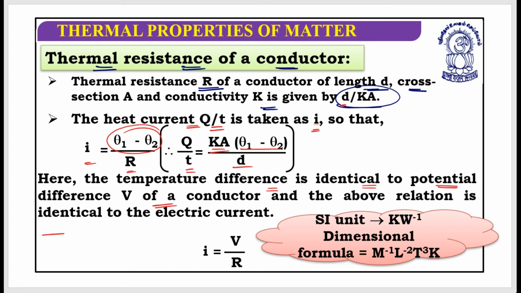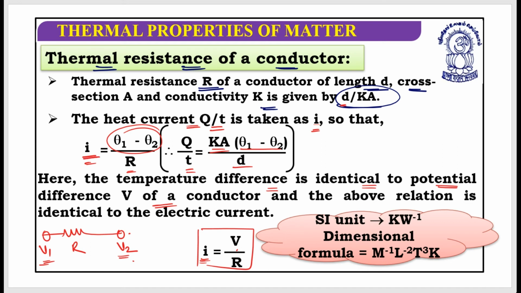Yes, you have learned in 10th class that this was V1, this was V2, resistance R is there, and the current is flowing such that I is equal to V by R. So if potential difference is there, this electric current will flow.